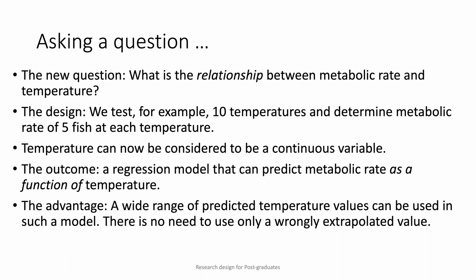And now we can do a design where we test, for example, even 10 temperatures and determine the metabolic rate for each with a smaller number of fish. Temperature is now considered a continuous variable, and the outcome could be kind of a regression model, like I explained earlier. And that would allow us to give an idea on how the temperature affects metabolic rate, and we can use a nice wide range of values.